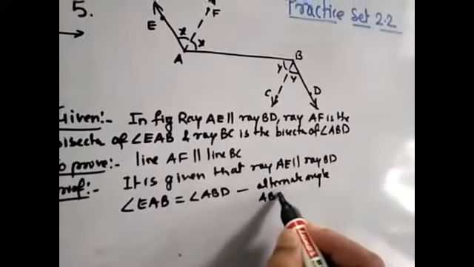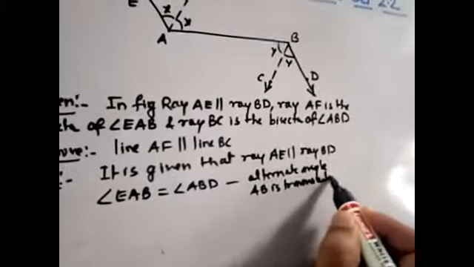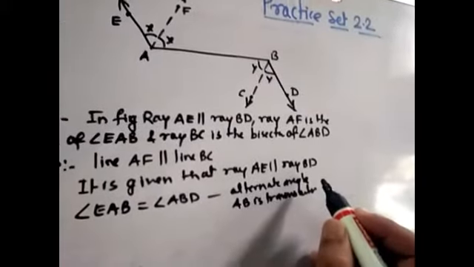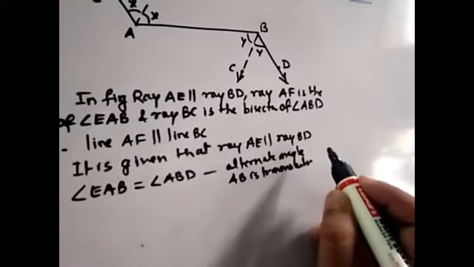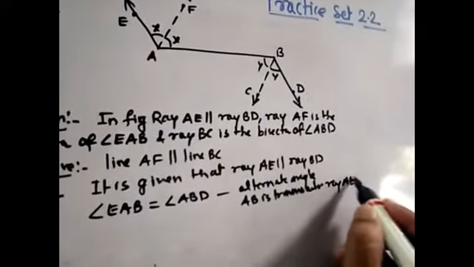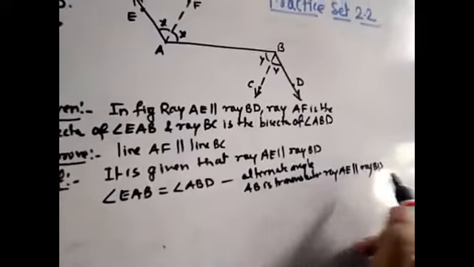Write down here, AB is a transversal of ray AE parallel to ray BD.